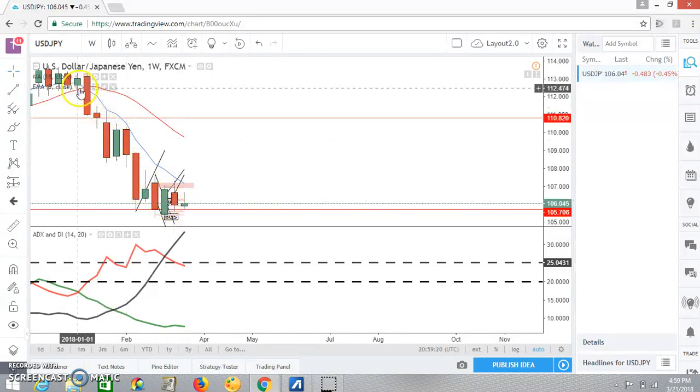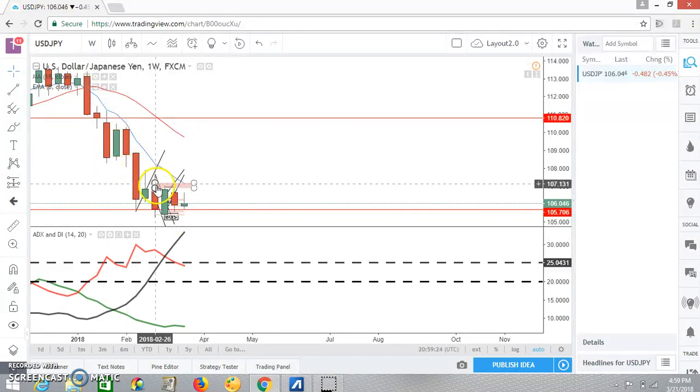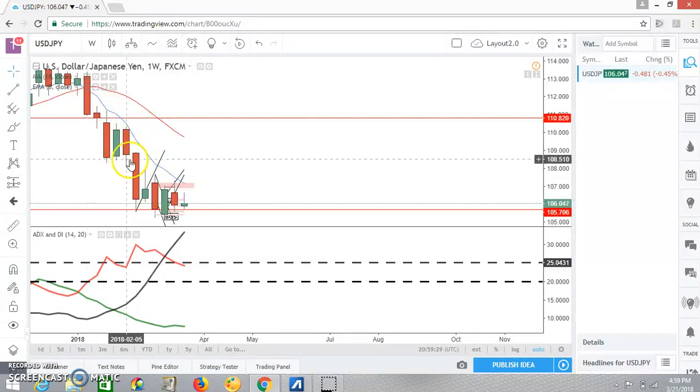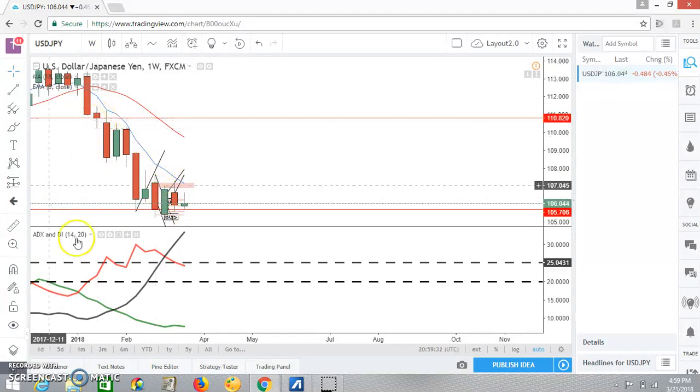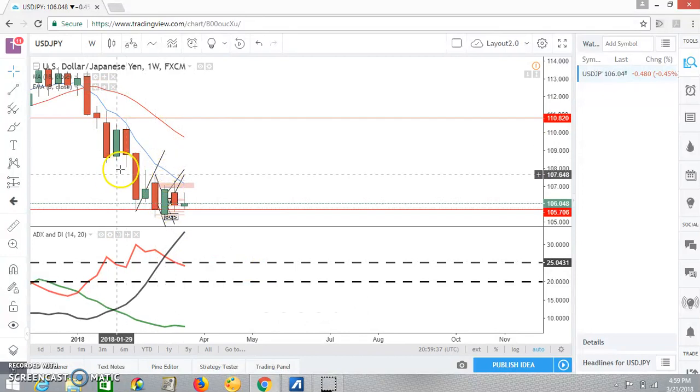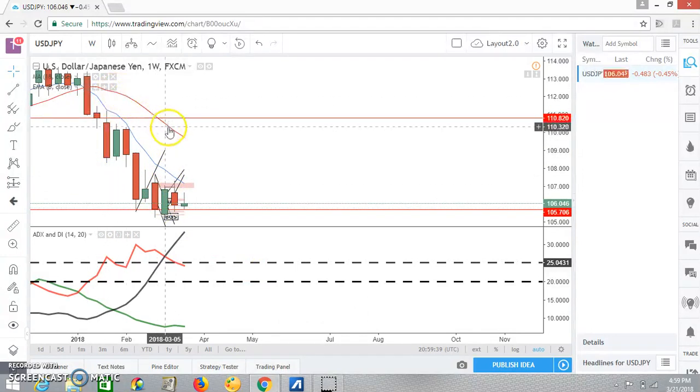But from what we can tell, if you see more red candles than blue candles, that gives you a lot of reason why we're still in a bearish market, which is a seller's market. And also here, the red crosses over the blue, which also gives us confirmation that it's still a seller's market.